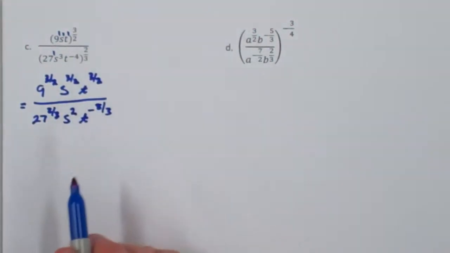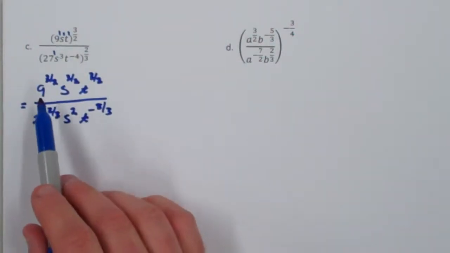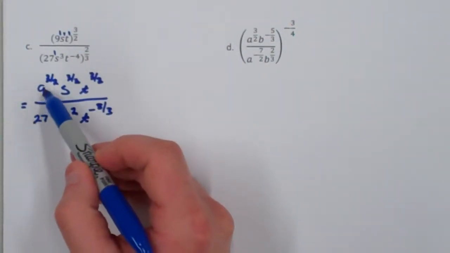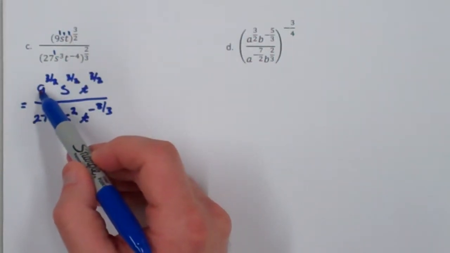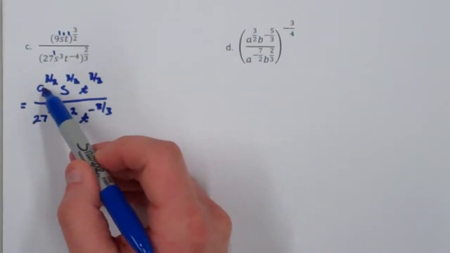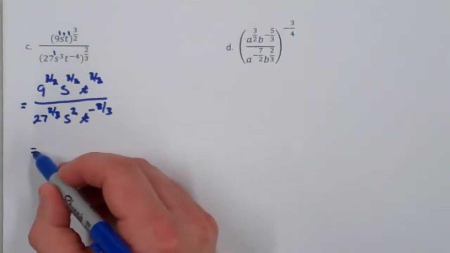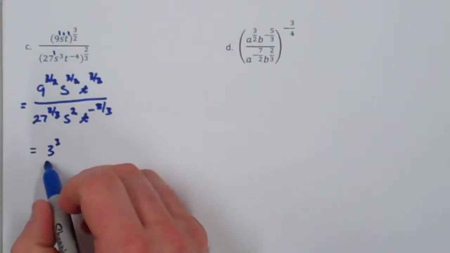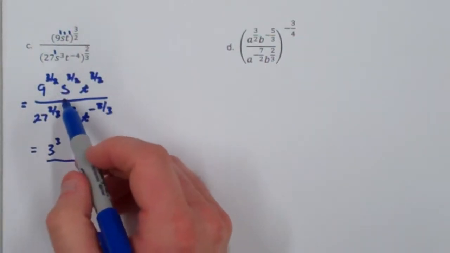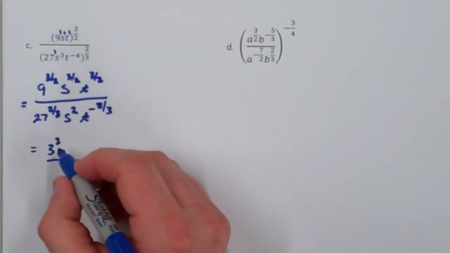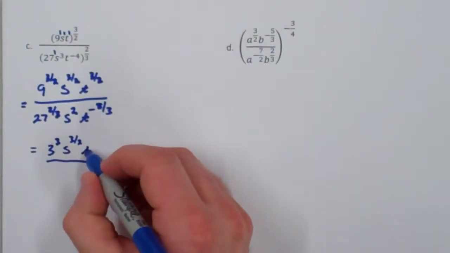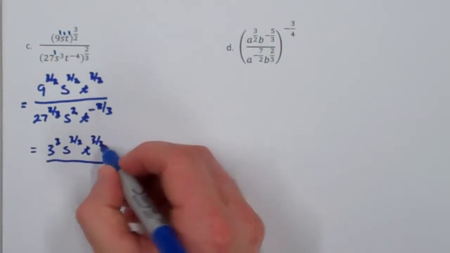All right. So if we take a look at this top part here, this is 3 squared. And 3 squared to the 3/2 power, well, that's 2 times 3 over 2, which is just 3 to the 3rd power. We'll clean this up here in just a little bit. S to the 3 over 2 is the way it is right now. T to the 3 over 2 is the same way.